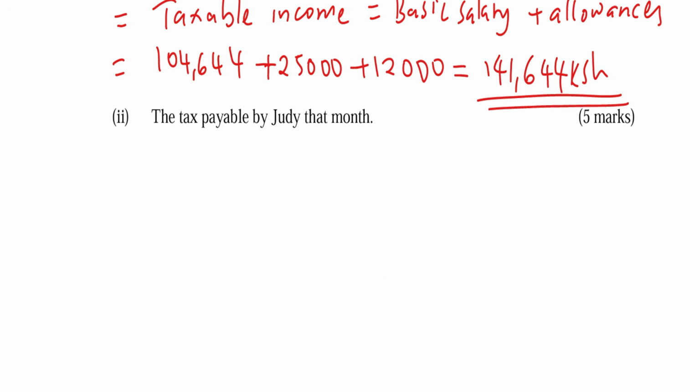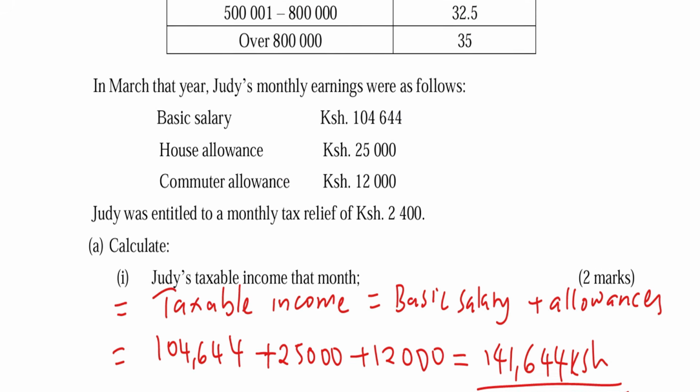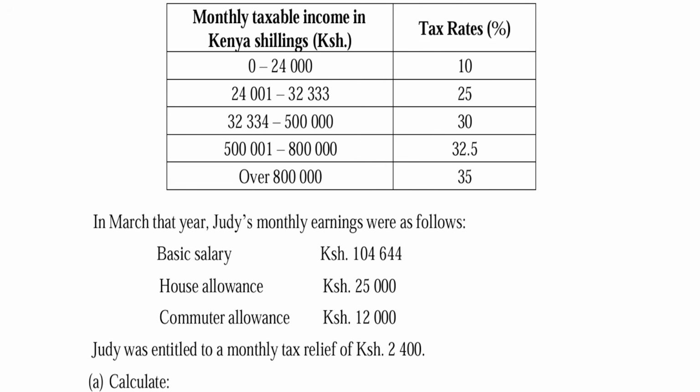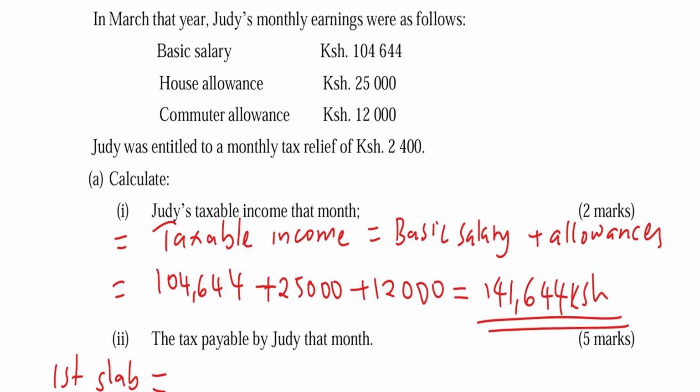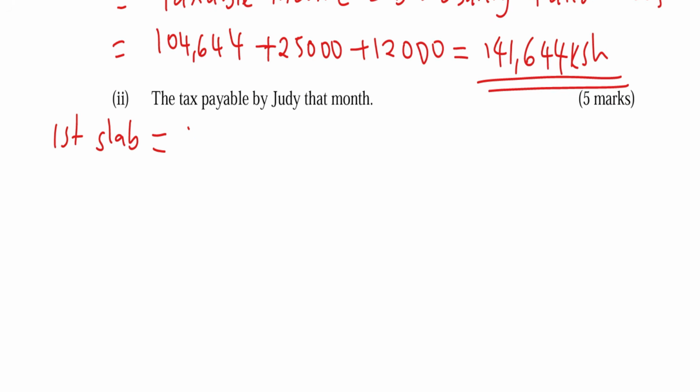So Roman 2, the tax payable by Judy that month, in which you need to write taxes for each slab. For the first slab, if you look at it, is from 0 to 24,000. So the amount that's in this slab is just 24,000. So you take 24,000 and you calculate the tax at the first slab, which is 10% of whatever you get in that region.